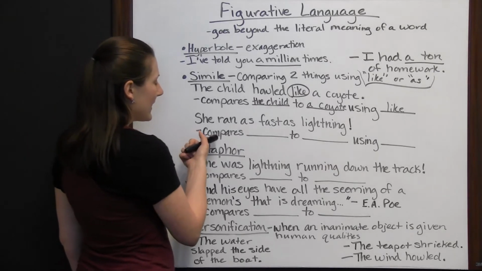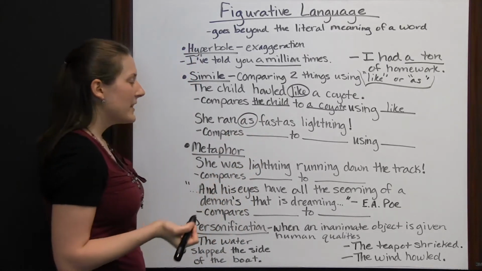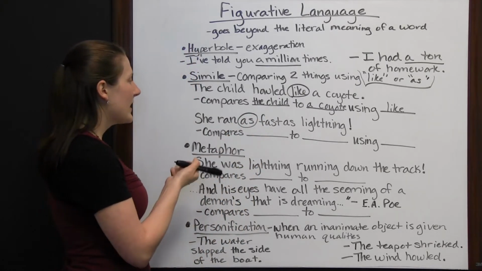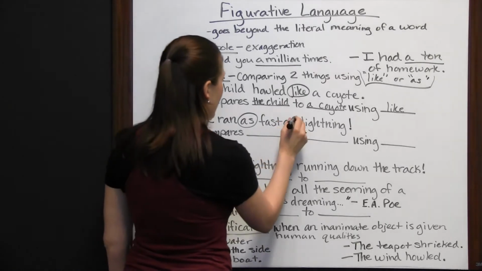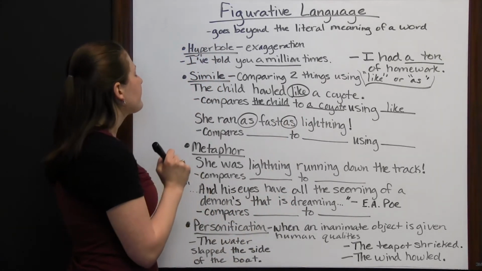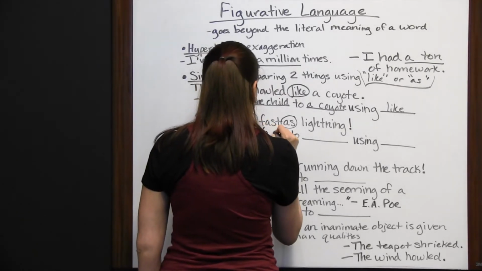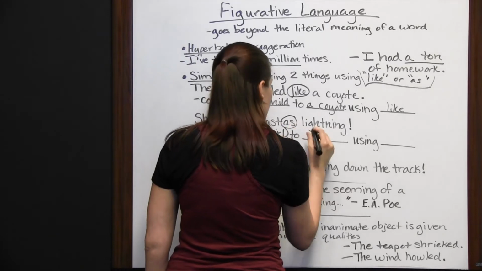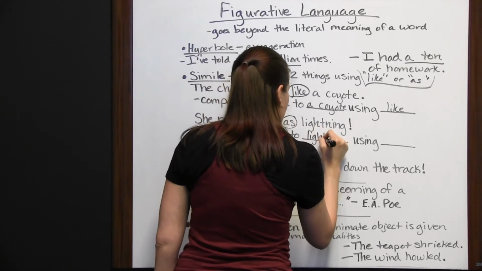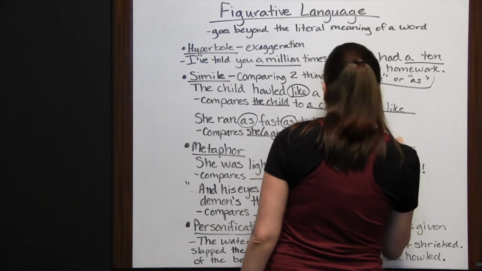Well, that's going to compare two things here, and we see the word as. So what is being compared in this sentence? She ran as fast as lightning. And usually when you have one as, you've got two. So it's comparing she, or a girl, to lightning. And that is being done by using the word as.